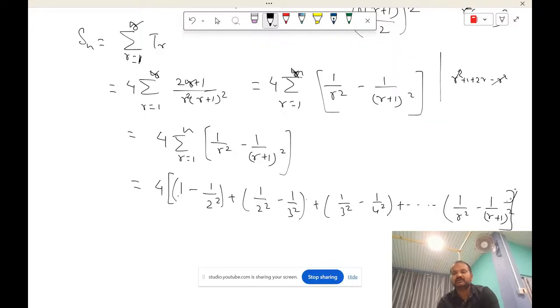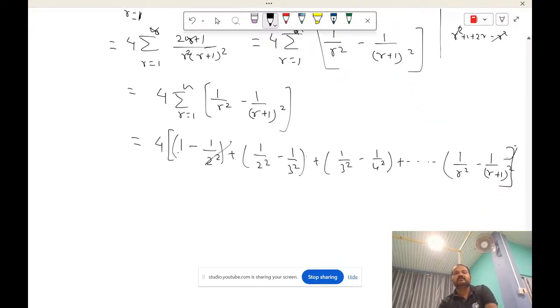Here we can see that this term gets cancelled, because one is positive and one is negative, so this term also gets cancelled.